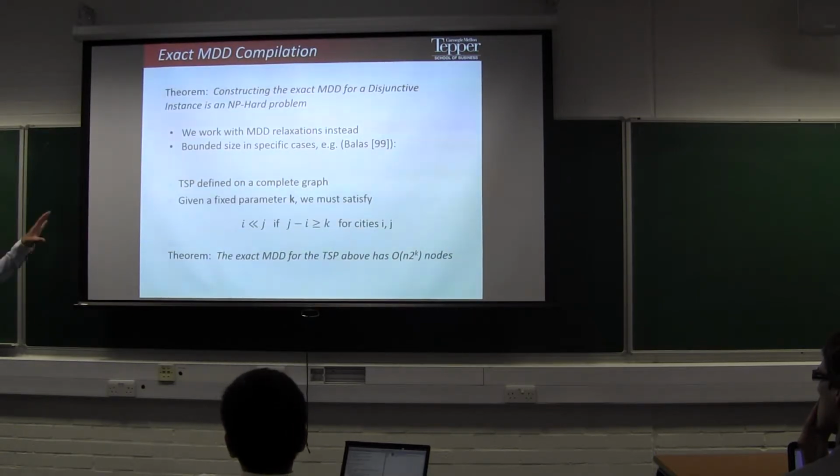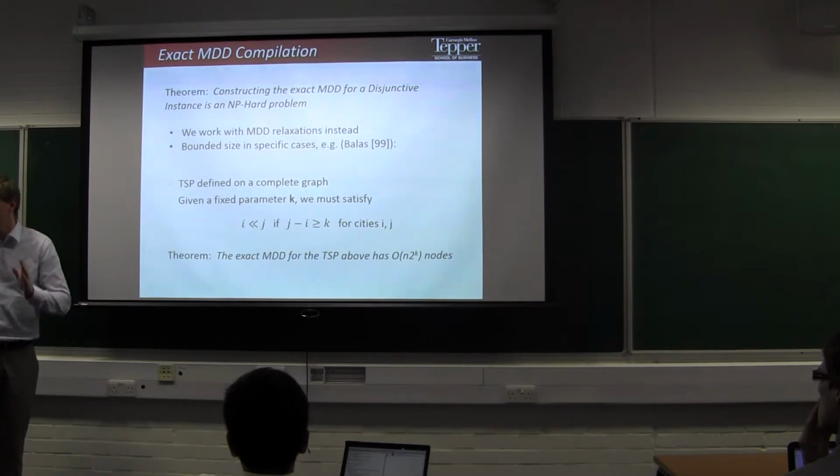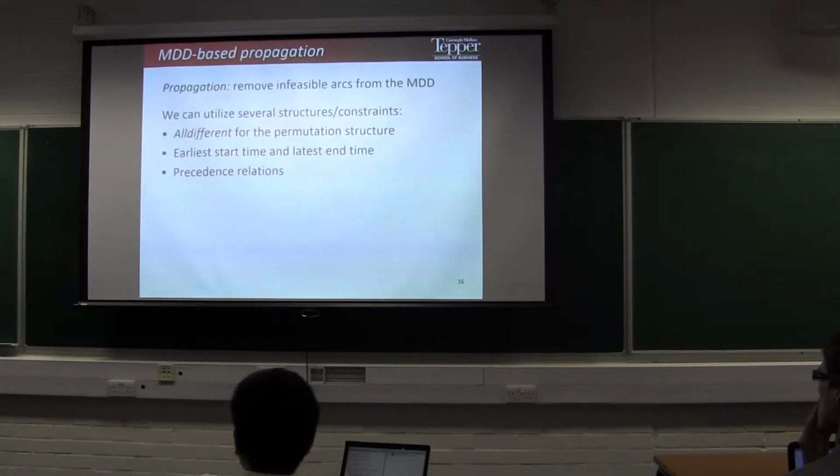Okay, so the two tasks that remain are: I want to construct the MDD, and given the MDD I want to filter, to propagate. Let's start with the propagation. I'm going to assume you give me your MDD, or the relaxed MDD, and now I'm going to filter it and remove all those arcs that are provably not in a solution. What are my constraints?